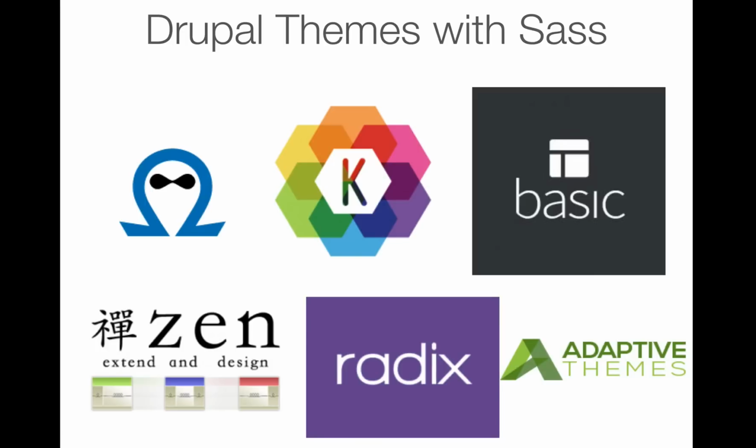And these all include those components. So if you set up a sub-theme for one of those themes, it's automatically going to be assuming that you're using Sass. And so there'll already be a project set up, and all you'll have to do is use Compass Watch or set up Scout to watch your sub-theme.